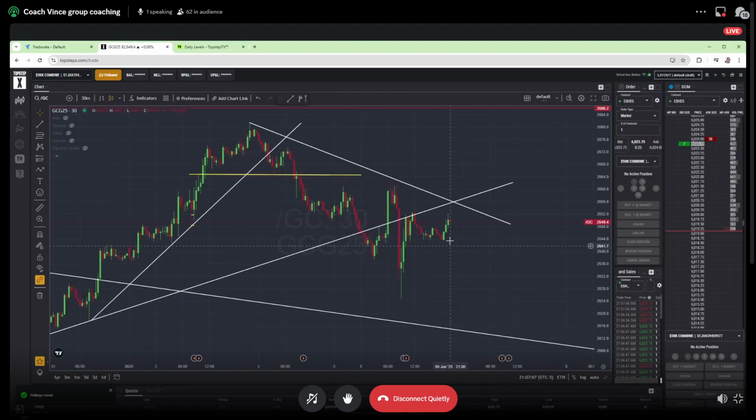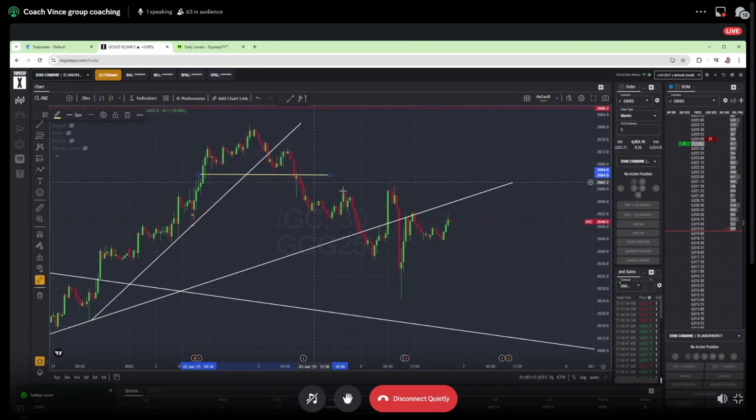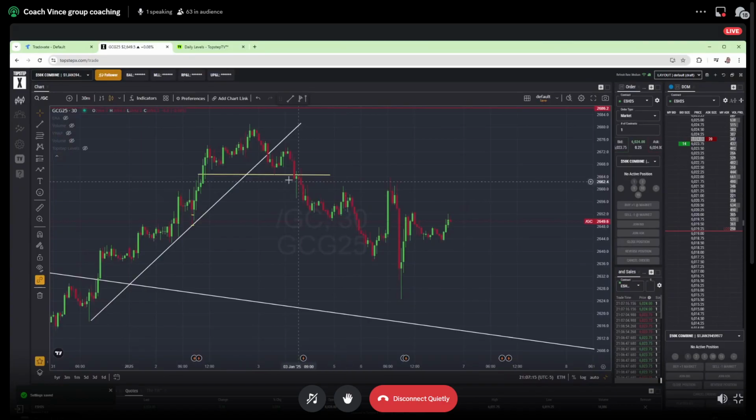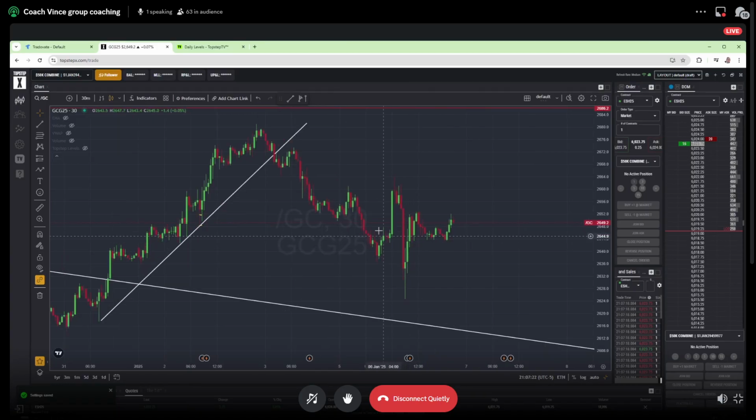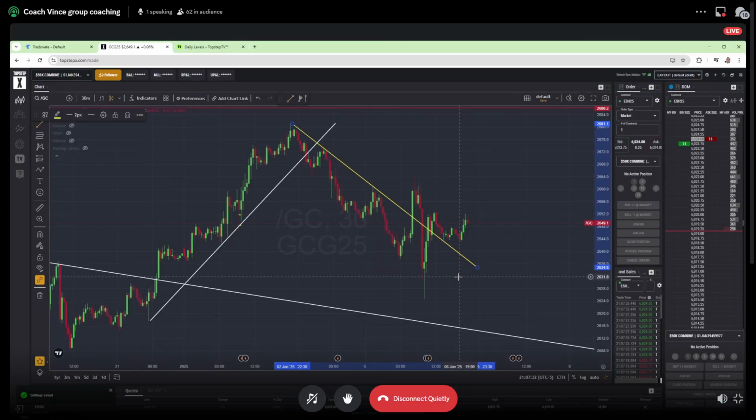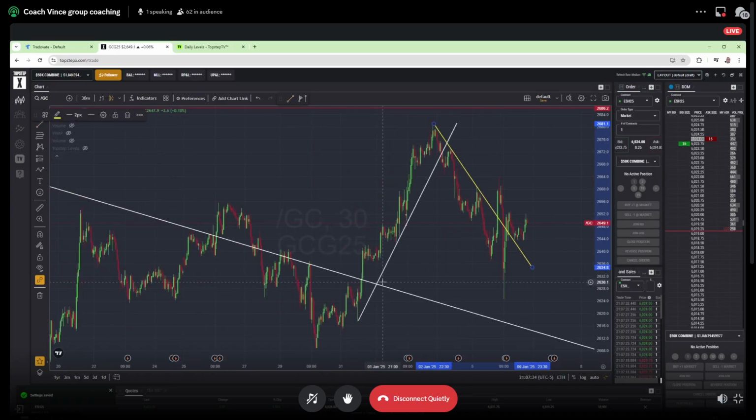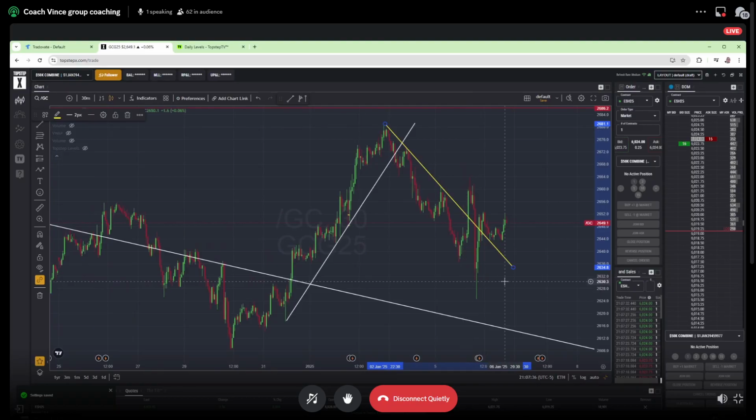Now we have this market pushing up. Right. So right now we're kind of in this push up. And then we have this pullback here. And this is almost a bull flag, right?